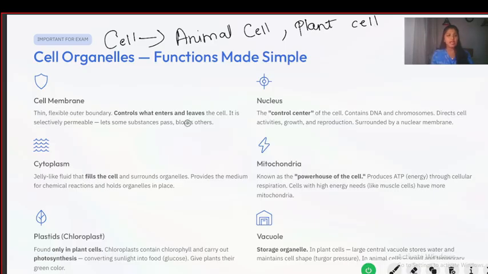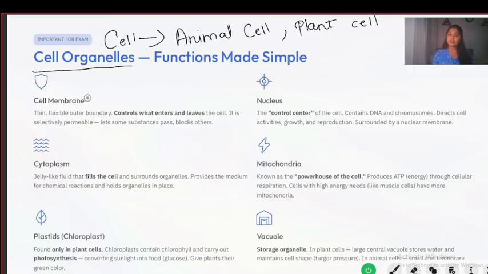Some organelles are the same in both, some are present only in the plant cell, and some have a major role in the plant cell and not in the animal cell. The parts present in the cell, which make up a cell, are called cell organelles.